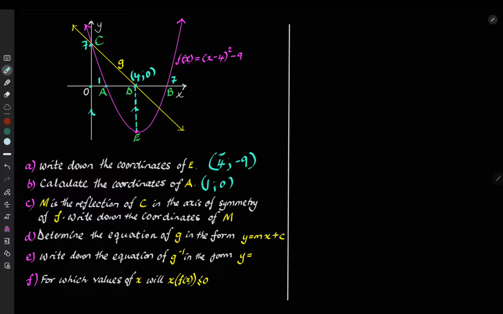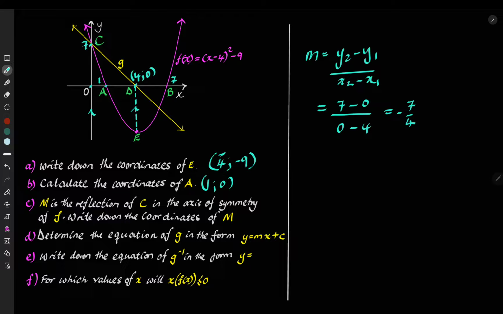So then we can just find our gradient for the straight line. So m, remember, is equal to y2 minus y1 divided by x2 minus x1. So in this case, that will be 7 minus 0, then divided by 0 for the x coordinate minus 4. So then the gradient will be equal to negative 7 over 4.